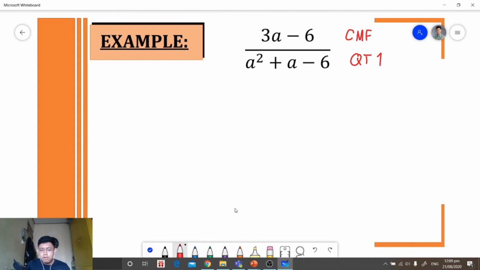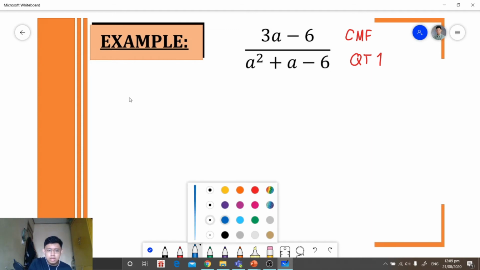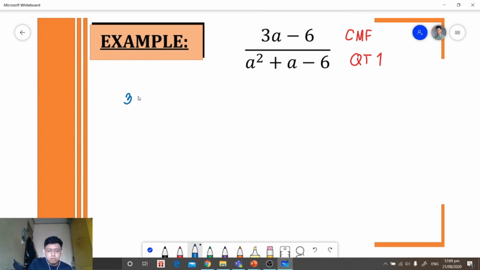Okay, so now let's proceed to factoring. For the numerator, our common factor is 3. So factor out 3, and then the other factor will be a minus 2. Over the denominator, we're going to apply quadratic trinomial case number 1. So let's have our factors.